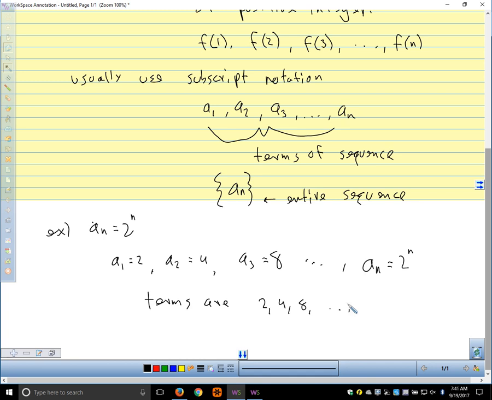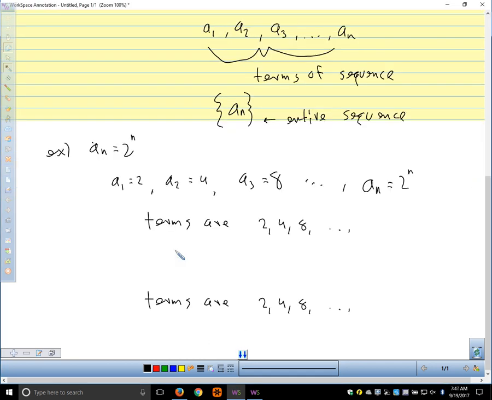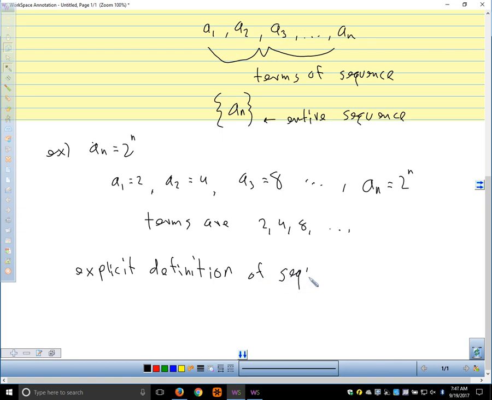When we have a formula for our term, we say the sequence is defined explicitly. Here we have an explicit definition of the sequence. We can plug in a number and find each term.